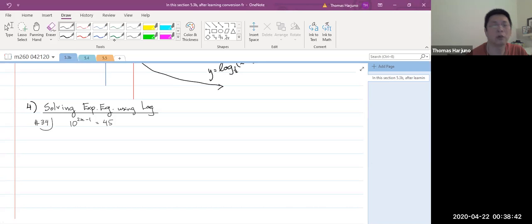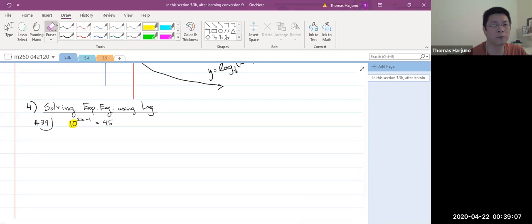Now, in the past, as I remember in 5.1, we encountered the question where the base that we have here is the base that we can use for the constant on the other side. Right? Let's say on the other side we have 100 or square root of 10.